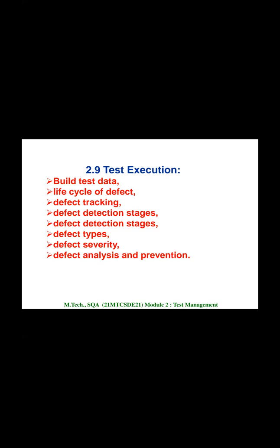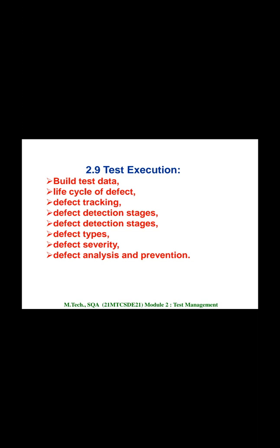Our idea behind test execution is to identify the defect. While creating the test data, we apply the test data on the software and identify the defects hidden in the software. Defect tracking is a process.